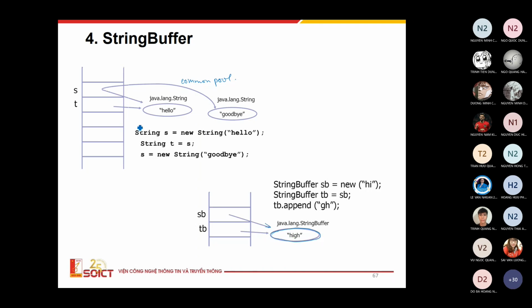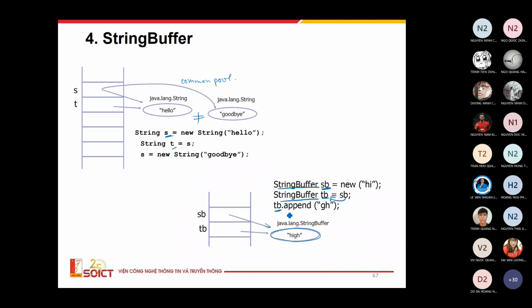Here you have S and T as two strings, so S and T refer to two different regions. But here SB, for example, is a StringBuffer, and ST again a StringBuffer, and it is assigned to the same region.